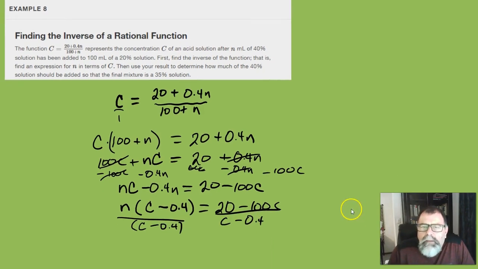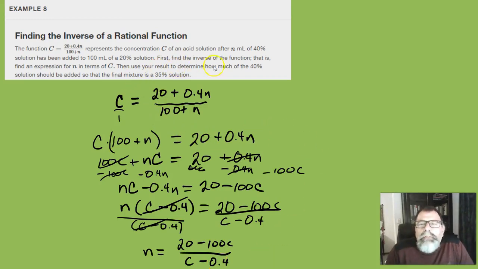And now I have N by itself. That cancels, and I get N equals (20 minus 100C) all over (C minus 0.4).